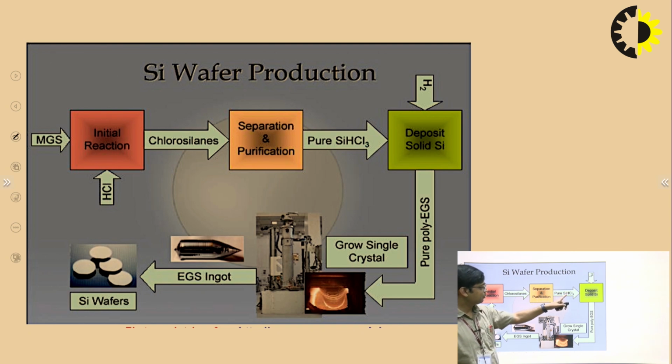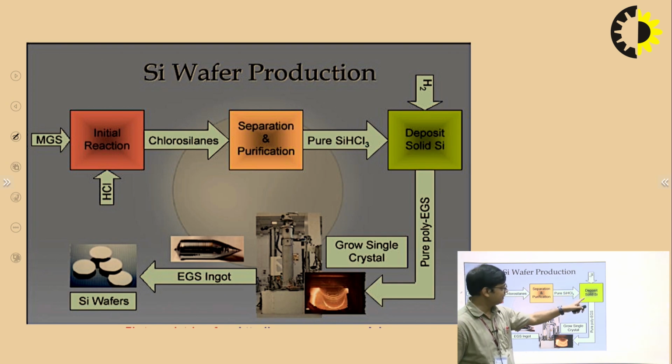Pure trichlorosilane is given as an input in the CVD reactor, where H2 is another input, and here the solid silicon is obtained, which is known as EGS, and this EGS is a polysilicon crystal.